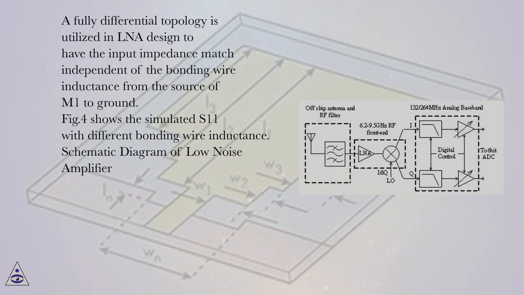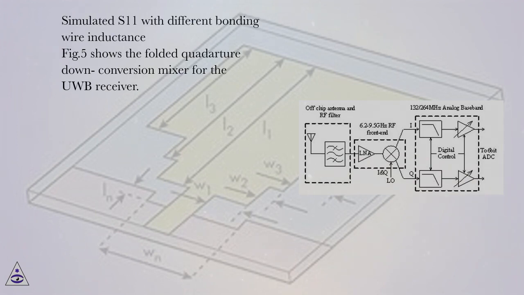A fully differential topology is utilized in the LNA design to have the input impedance match independent of the bonding wire inductance from the source of M1 to ground. Fig.4 shows the simulated S11 with different bonding wire inductance. Schematic diagram of low noise amplifier. Simulated S11 with different bonding wire inductance.